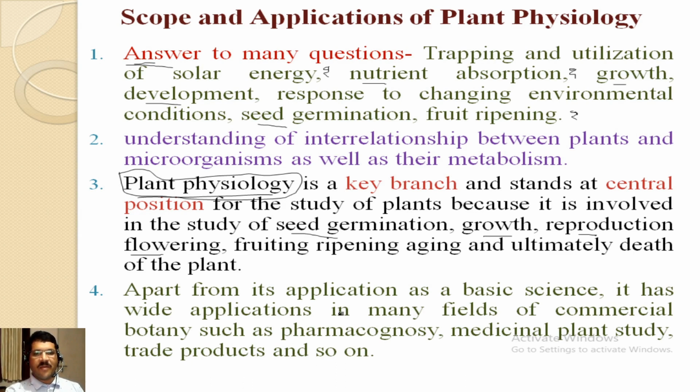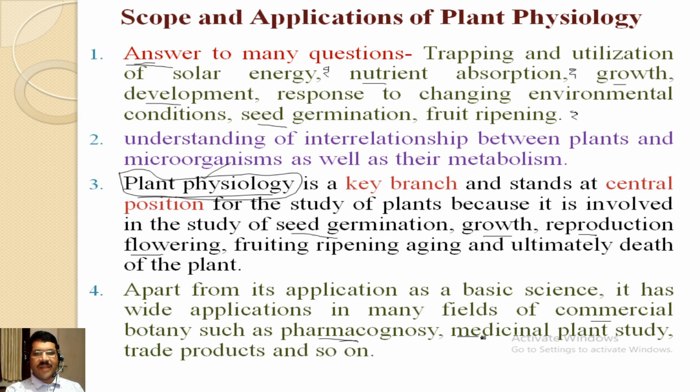Now, apart from its application as a basic science, it has wide application in many fields of commercial botany such as pharmacognosy, medicinal plant study, trade products, and so on. So at the commercial level also, for example, we can take the example of pharmacognosy. For the completion of pharmacognosy study, we have to take support from plant physiology.